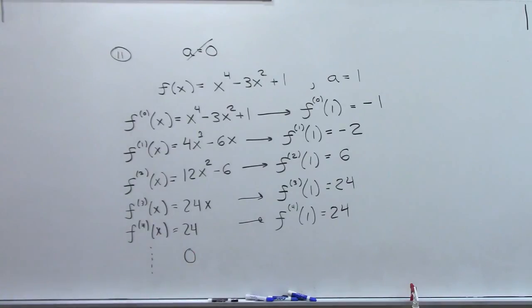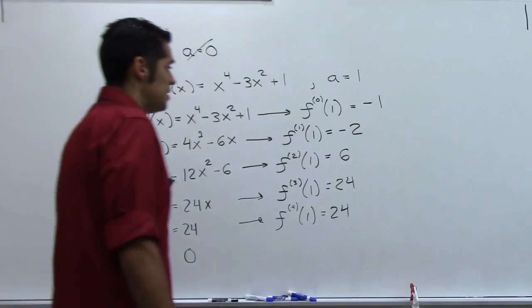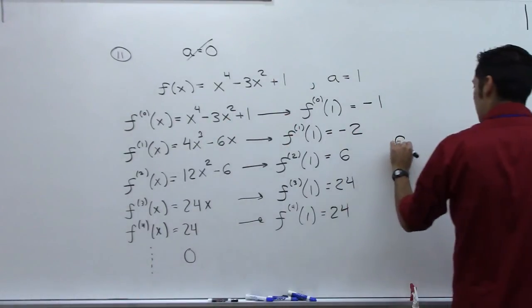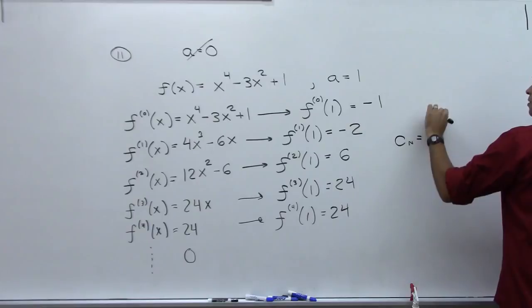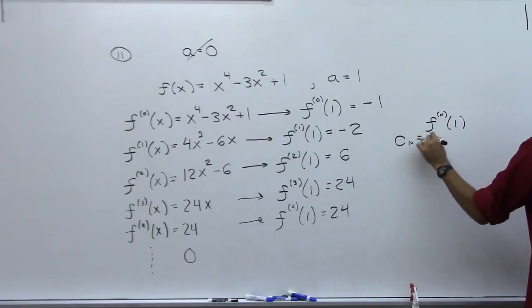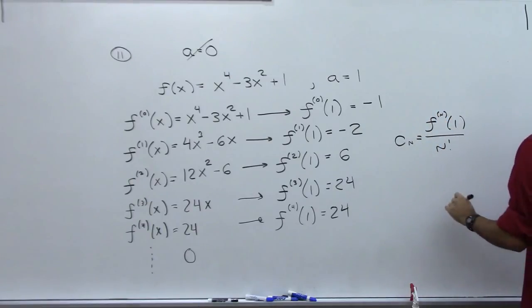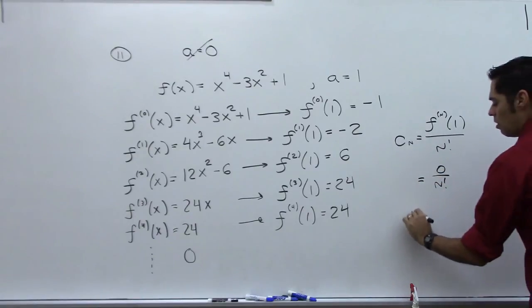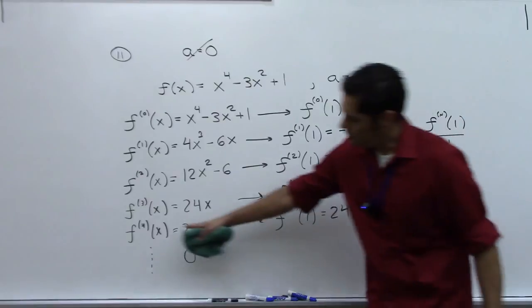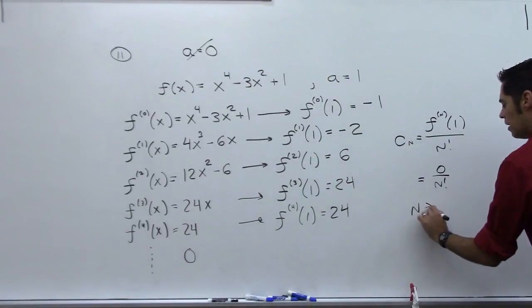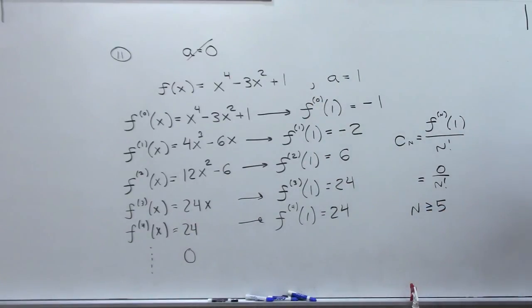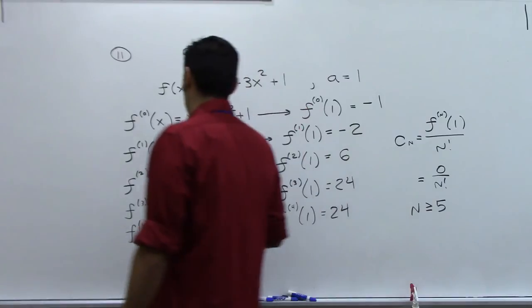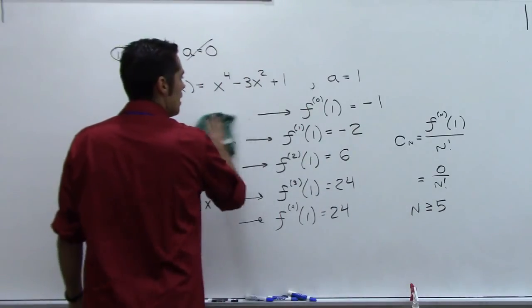And that means that this c sub n that we get, which is the nth derivative at 1 over n factorial, is going to be equal to 0 over n factorial as long as n is greater than or equal to 5, the fifth derivative and on. So that means I'm just going to have a bunch of zeros once I get to the fifth power in my power series.